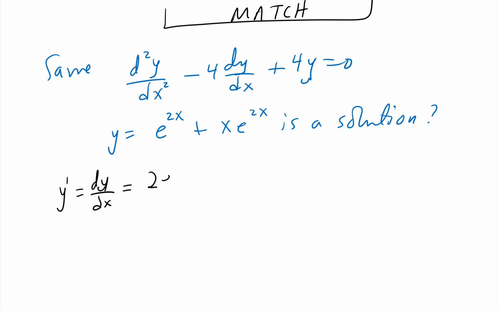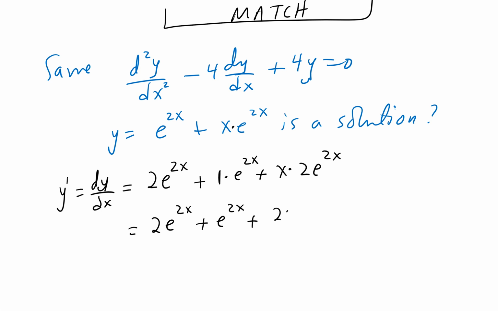The derivative of this is 2e to the 2x plus, you can use the product rule here, 1 times e to the 2x plus x times 2e to the 2x. So that gives us 2e to the 2x plus e to the 2x plus 2x e to the 2x. We can add these together: 3e to the 2x plus 2x e to the 2x.